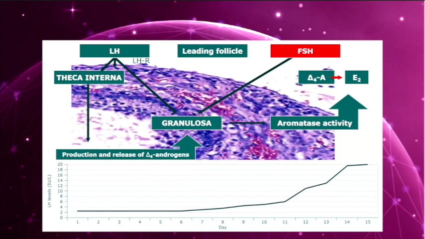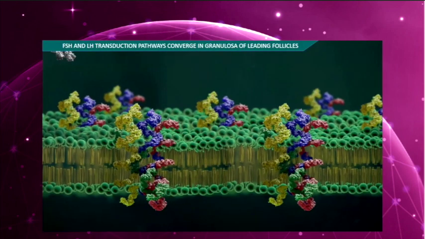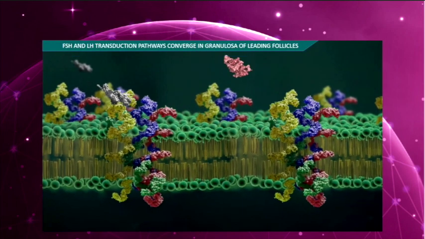They can even substitute each other. It has been proven that if you start stimulation with FSH, once follicles exceed 10 millimeters, you can even support the last stages of stimulation only with the LH activity, because there is, we can say, a dimerization of the receptors.